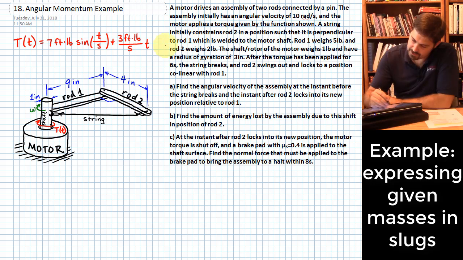So for instance, let's start with rod 1. It weighs 5 pounds, okay? So the mass of rod 1 is just going to be equal to 5 pounds. Now, we know that there are 32.2 pounds in a slug, okay?